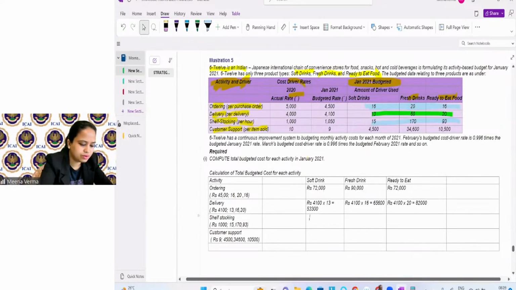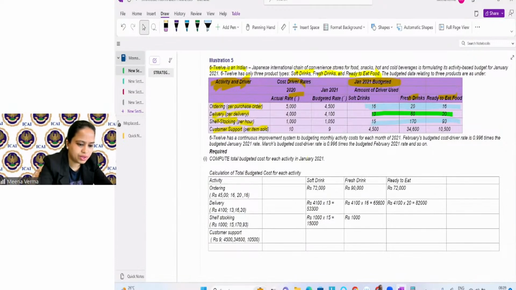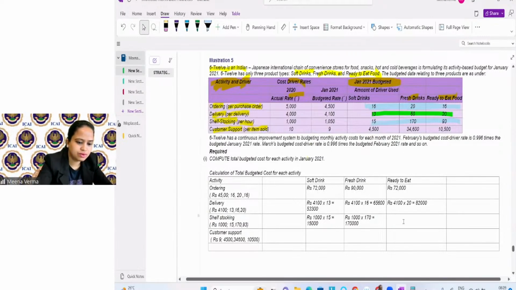Then rupees 1,000 into 15, 1,000 into 170, 1,000 into 93.